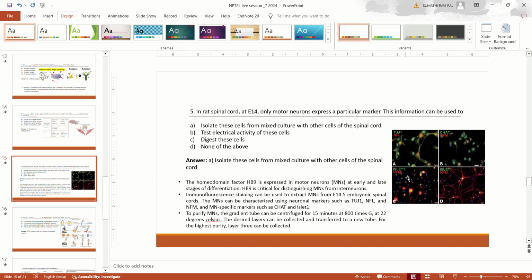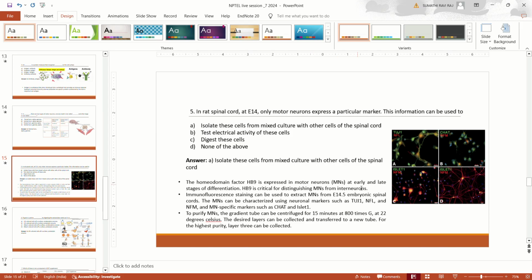To purify motor neurons, the gradient tube can be centrifuged for 15 minutes at 800 G at 22 degrees Celsius, and the desired layers can be collected and transferred to a new tube for highest purity. Layer 3 can be collected. This is just an example of how this protocol works.